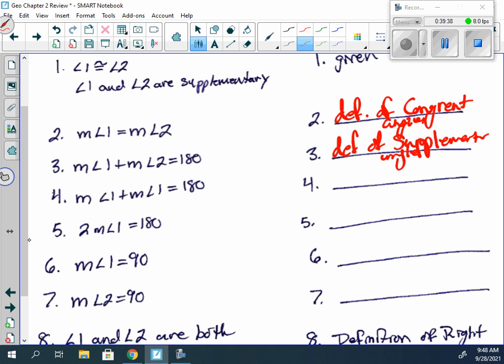Now, step 4, we go from angle 1 plus angle 2 equals 180 to angle 1 plus angle 1. I know that angle 1 and angle 2 are congruent. They're also equal. We already stated that, yes? So, substitution property of equality.